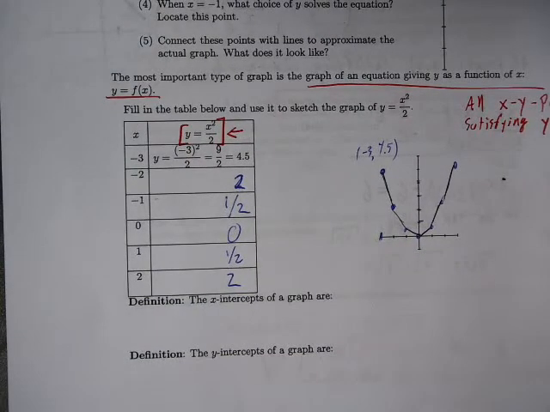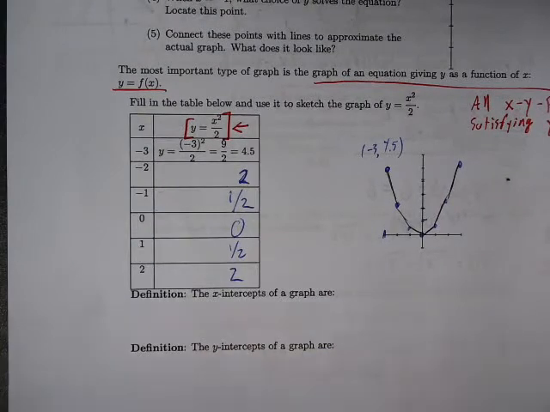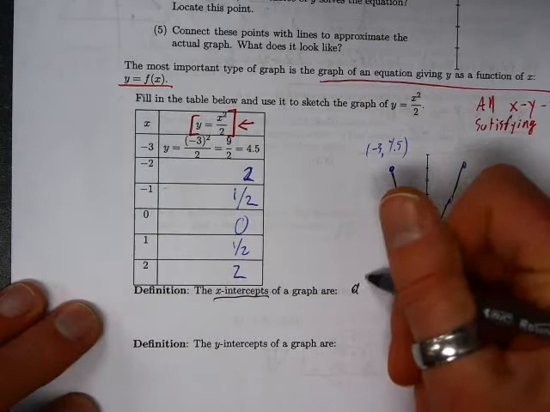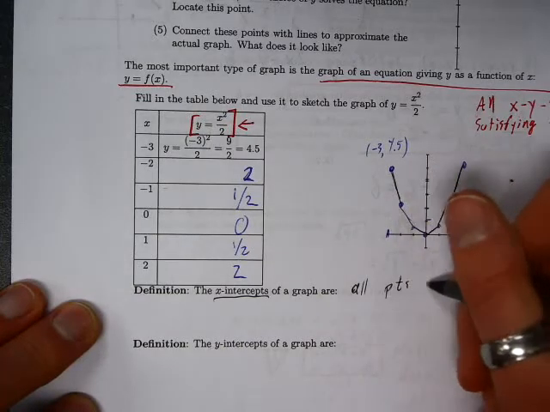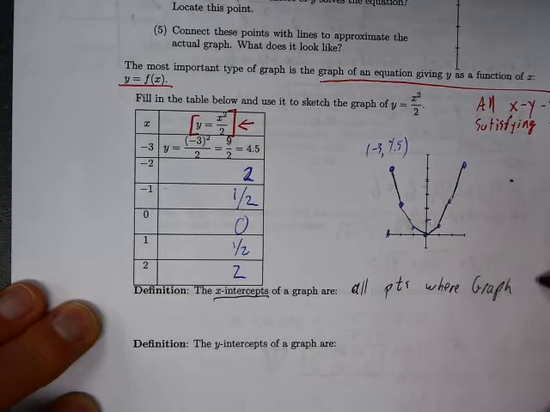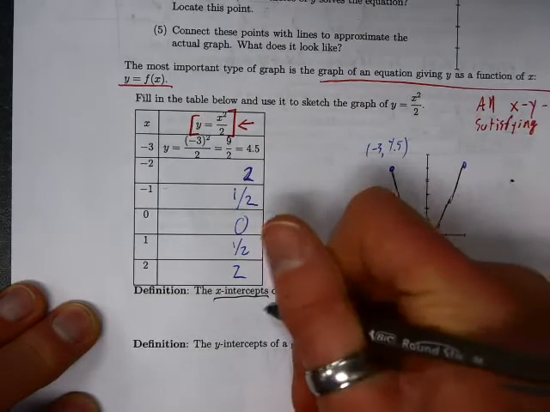There are just a few more things I want to mention about graphs in these notes. There are two pieces of data about graphs that I'll want to mention. The first is, what's the x-intercept? This is just a word. The x-intercept of a graph is all points where that graph hits the x-axis.